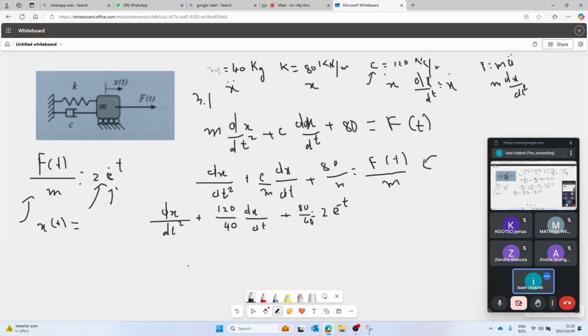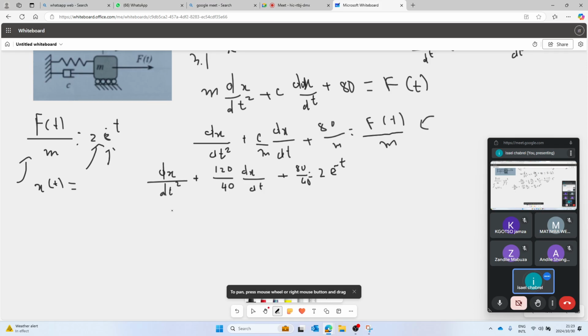So if we have to do this and calculate d²x/dt², what is 120 over 40? It's 60. What am I saying? 120 divided by 40 is 80. What am I saying? But one thing I know, they are multiples.